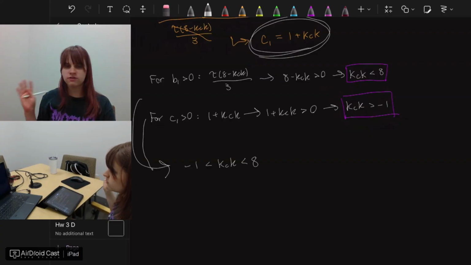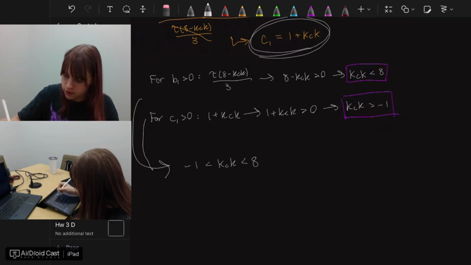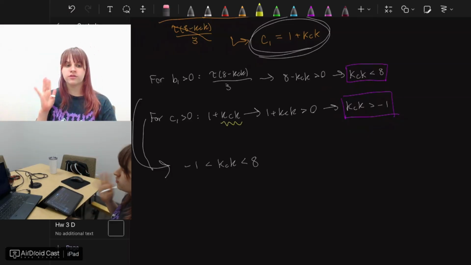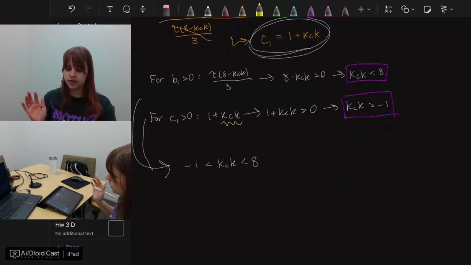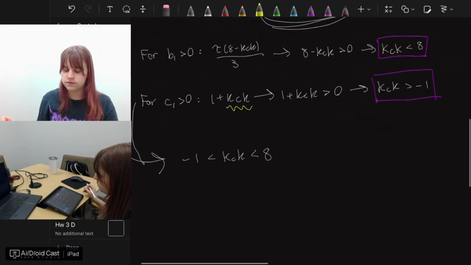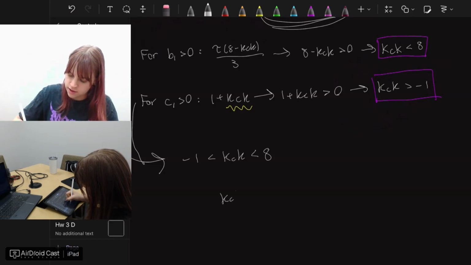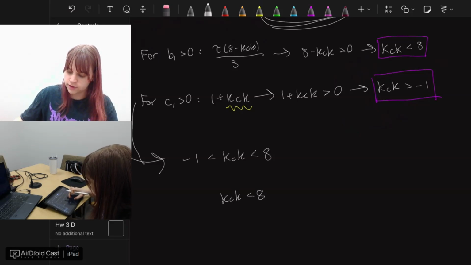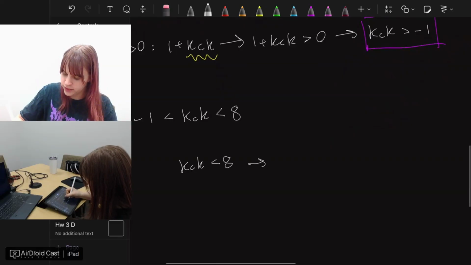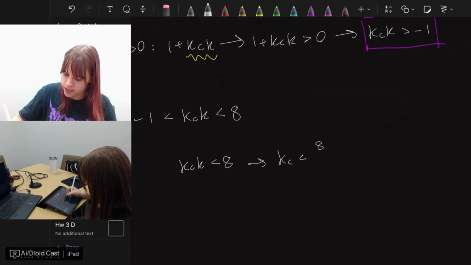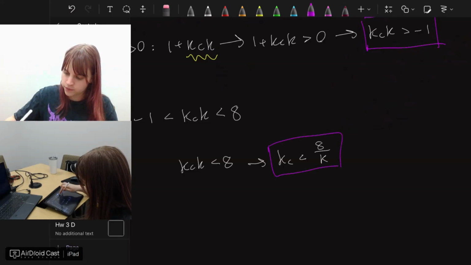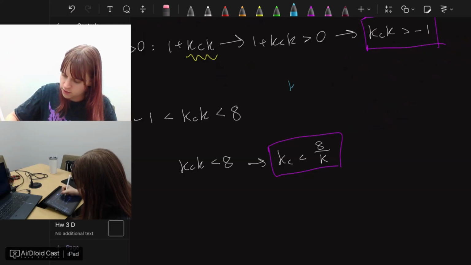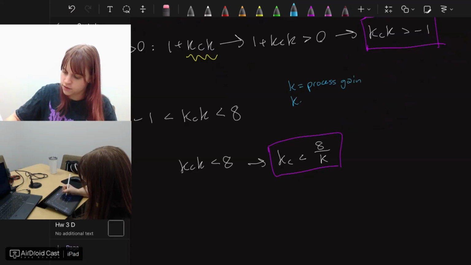Assuming that we have a positive Kc and K, these values right here, we need KcK to be less than 8. If we need KcK to be less than 8, just looking at our Kc, we need Kc to be less than 8 over K. And remember that K is the process gain, and Kc is the proportional controller gain.